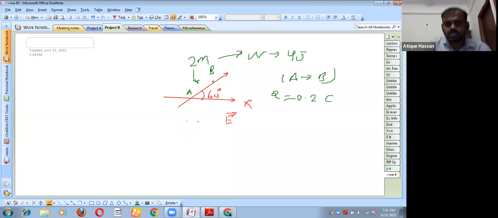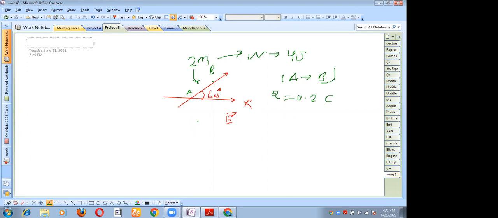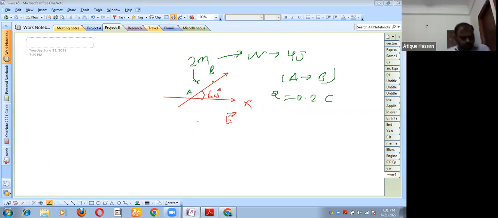So what concept have you applied? W is equal to minus Q integral of E into dx. What is the work done?